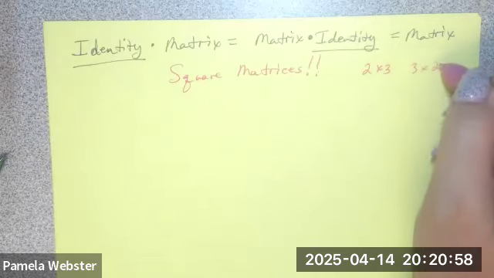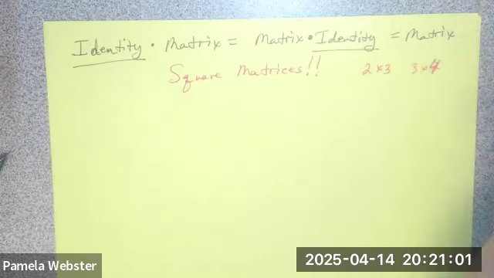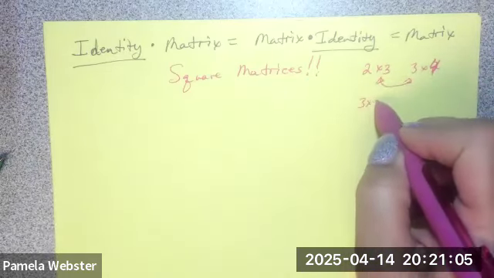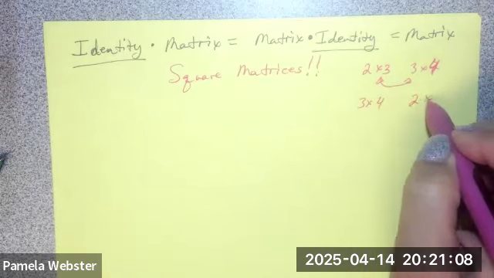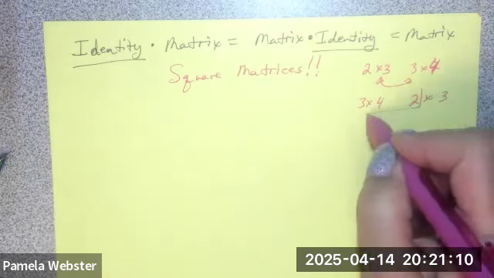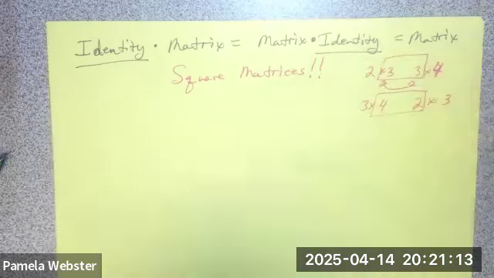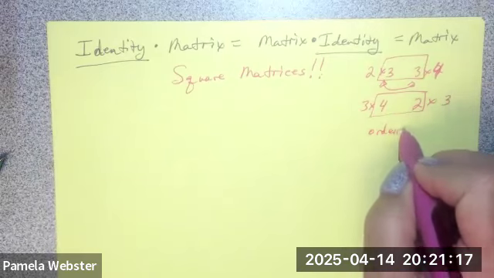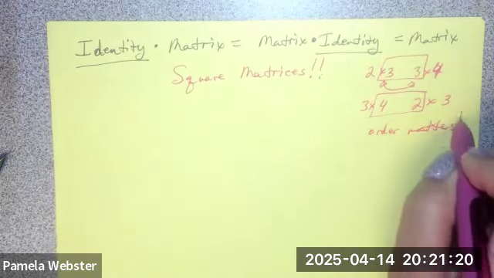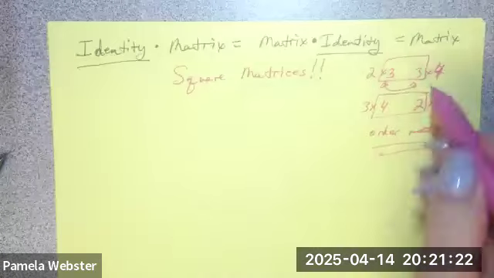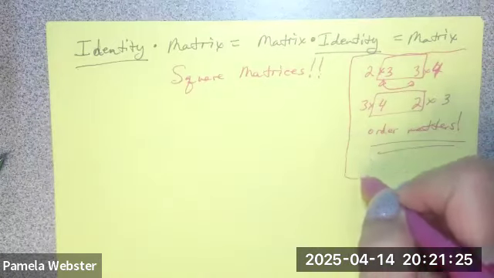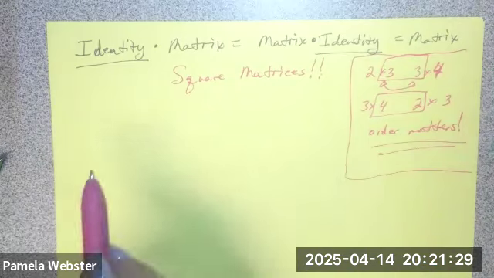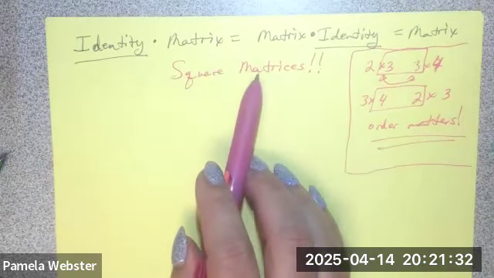By a 3 by 4, let's say. That's fine. But if I switch them, 3 by 4 and I want to multiply that by 2 by 3, those numbers don't match like they did before, right? Okay, so order matters. Sometimes I can't even do the multiplication if I switch the order. But in this case, it's going to be okay because these are square matrices.